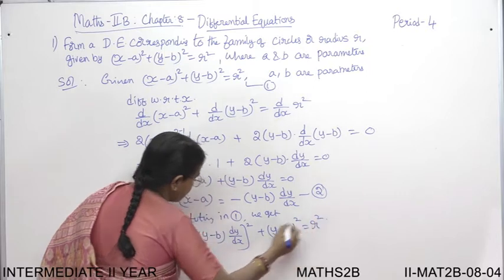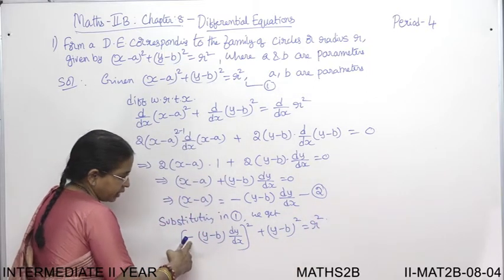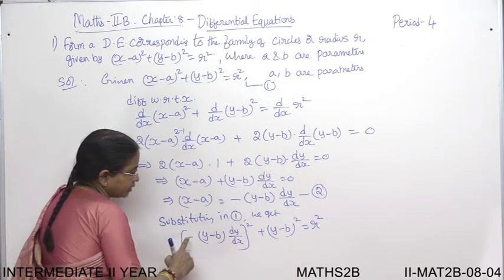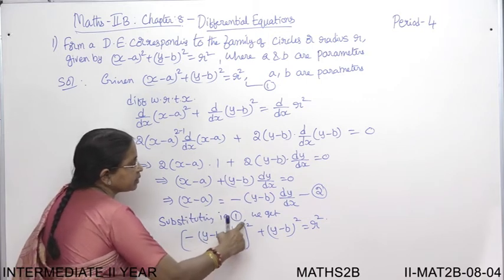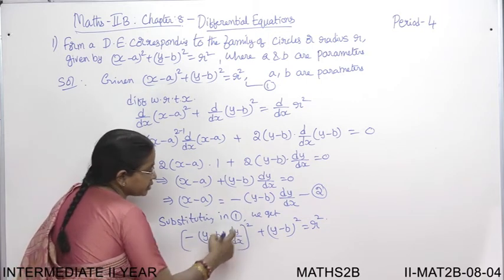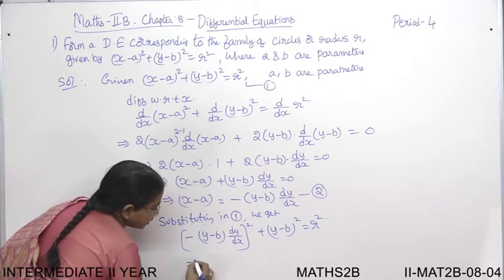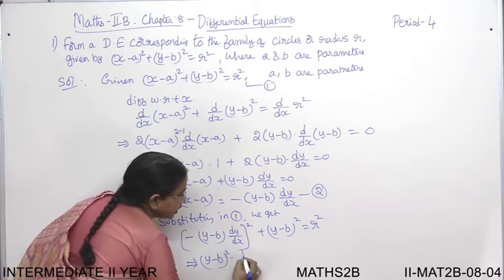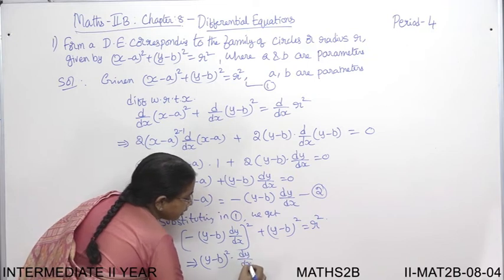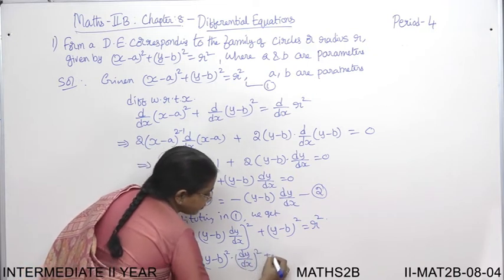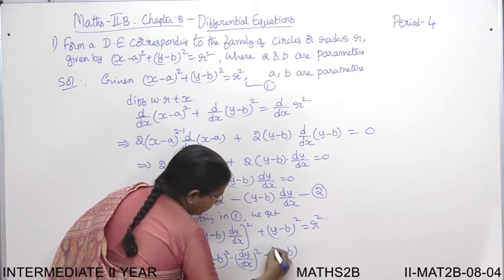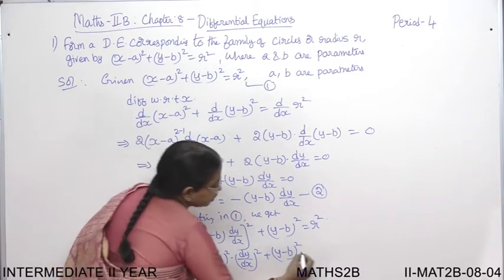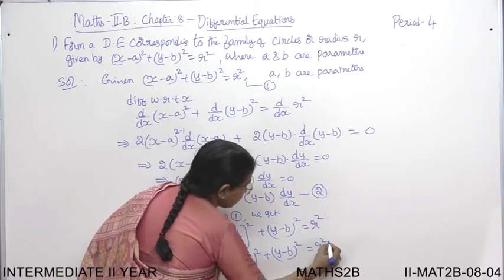Now when you square this, minus 1 whole square is plus 1. So it is (y minus b) whole square into (dy by dx) whole square plus (y minus b) whole square is equal to r square.